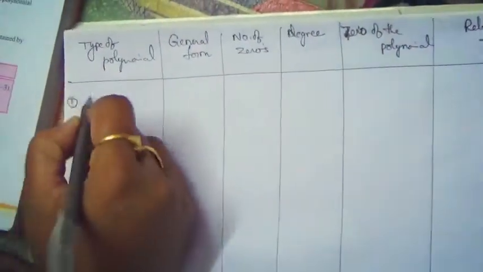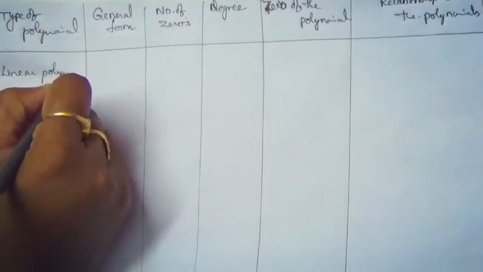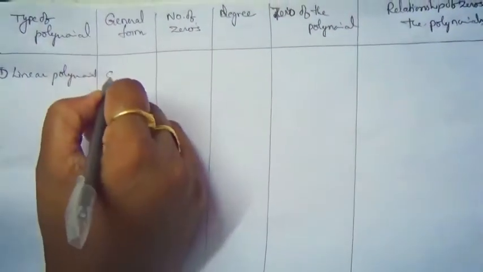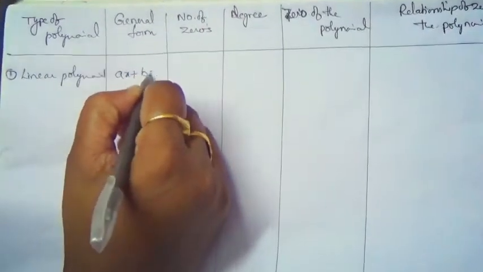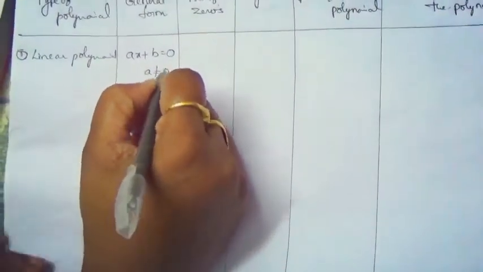Okay, the first one is the linear polynomial. You know it well. The general form is ax plus b is equal to 0, and a should not be equal to 0. Number of zeros: how many zeros will you get?